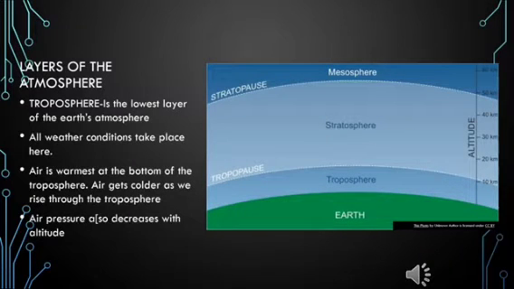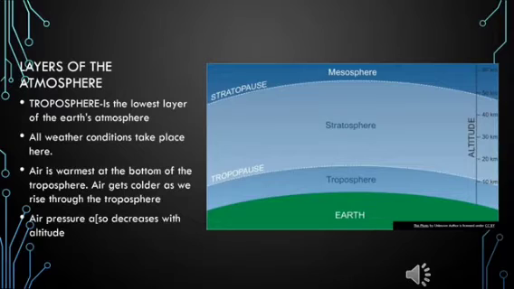Now I spoke to you about the atmosphere, and you know the importance of the atmosphere. Now the Earth's atmosphere is made of 5 layers. The lowest layer is the troposphere, then you have the stratosphere, mesosphere. Above the mesosphere you have the ionosphere, and then the exosphere.